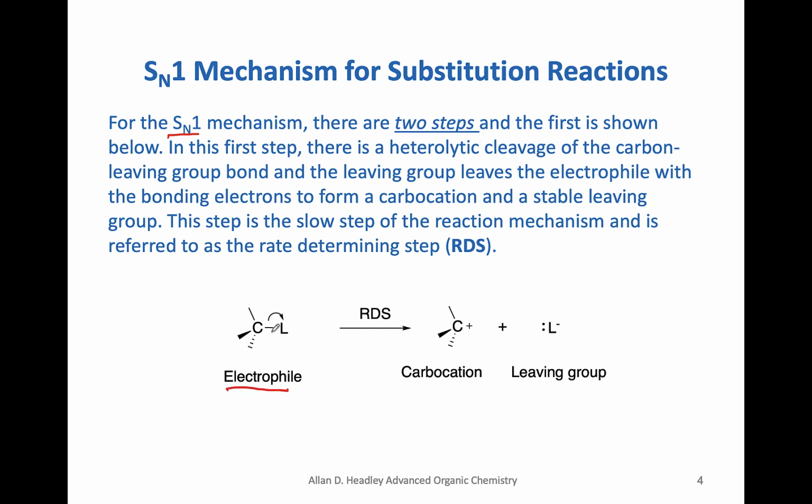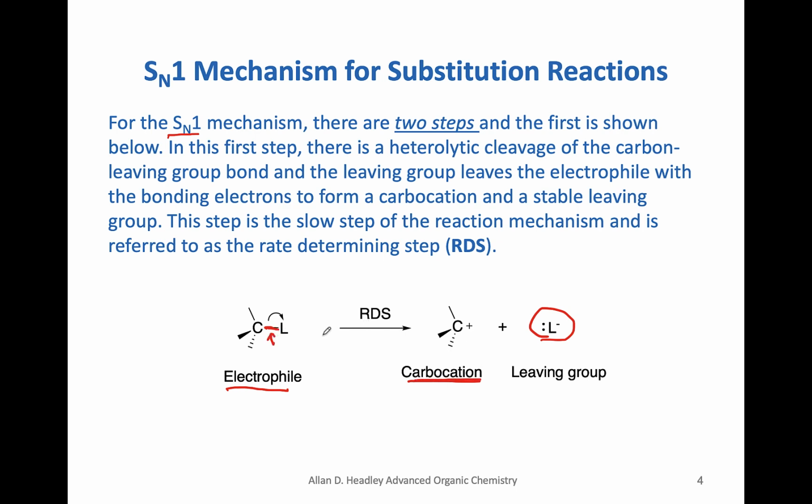It leaves in a step taking the electrons to form a leaving group right here and a carbocation, because these electrons are now bonded to the leaving group. So the first step involves the heterolytic breakage of this bond to give a carbocation.